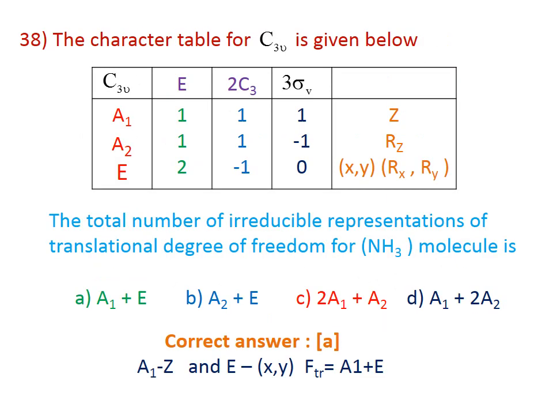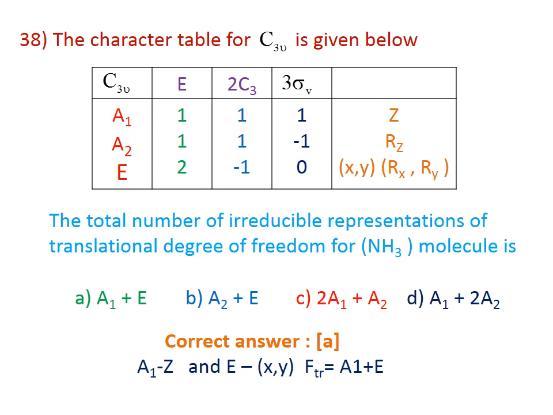38. The character table for the C3v group is given below. Now we are going to find out the irreducible representations of the translational degrees of freedom of the ammonia molecule. And here a very important point is noted. You consider the fifth column. In the fifth column you have x, y, z and Rx, Ry and Rz. The x, y, z represent the translational degrees of freedom.